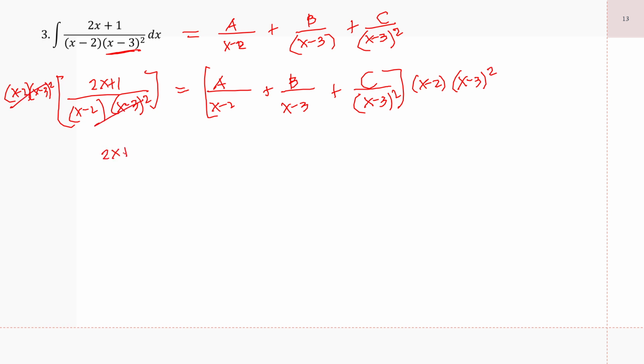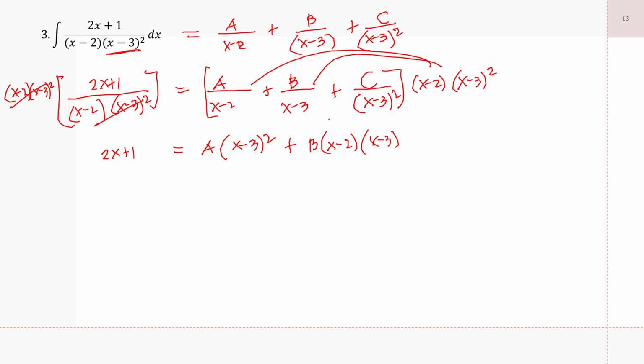So the remaining is 2x plus 1, and this will become a times x minus 3 squared, plus b times the remaining, x minus 2 times x minus 3, plus c times x minus 2.